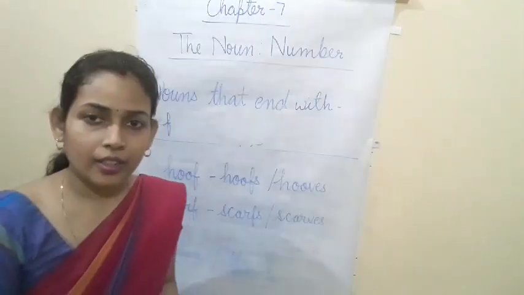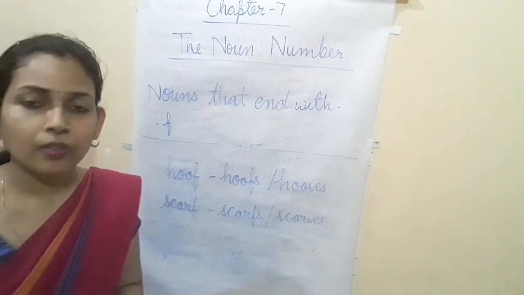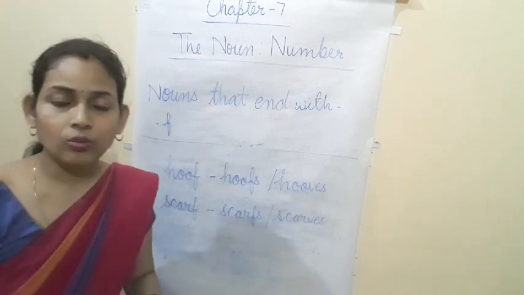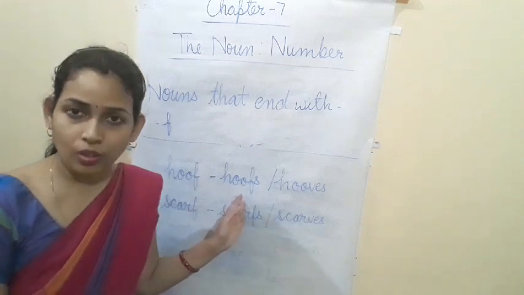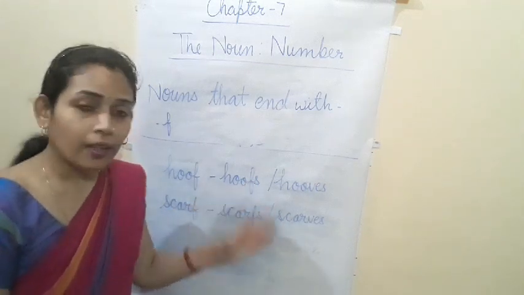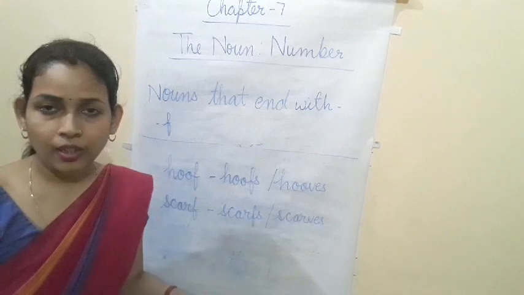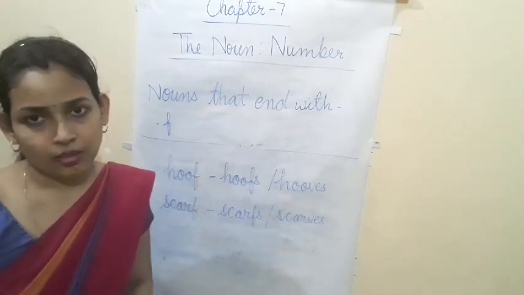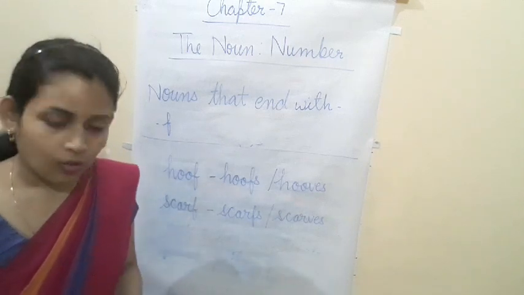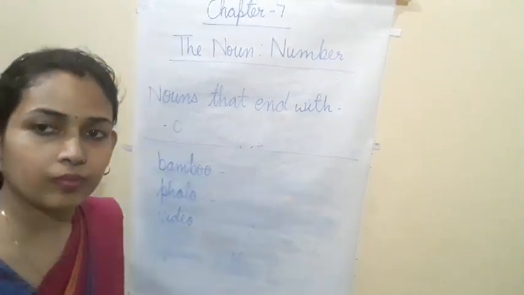Hoof, hoofs, hooves. Scarf, scarfs, scarves. These are some of the exceptions, nouns where we can make the plural in two ways: by adding s, or by dropping f and adding ves. Both are correct. Move to the next point.